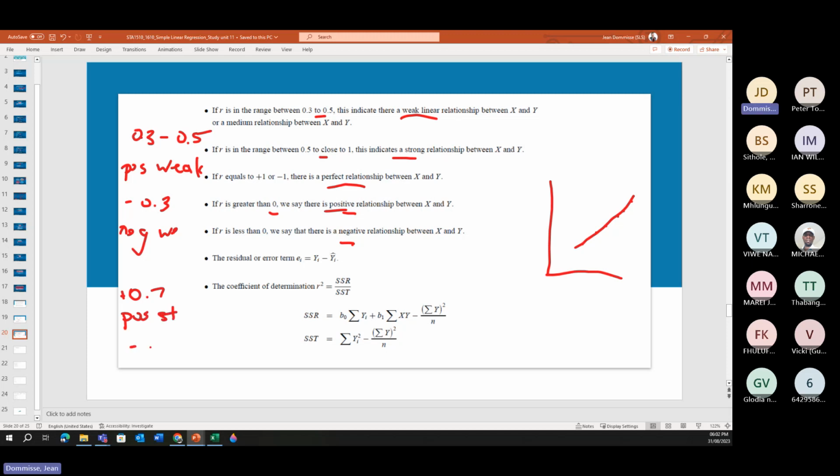If I had a negative 0.6, a negative strong relationship. So they can, in a question, nearly add those two together, so instead of just asking a weak relationship, they can add the positive or the negative to it as well.